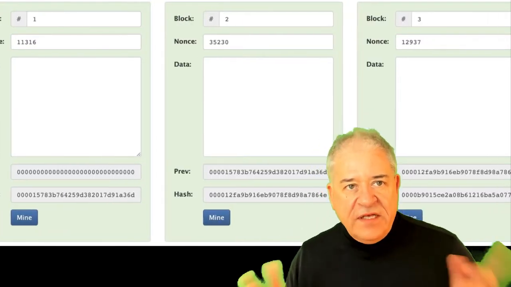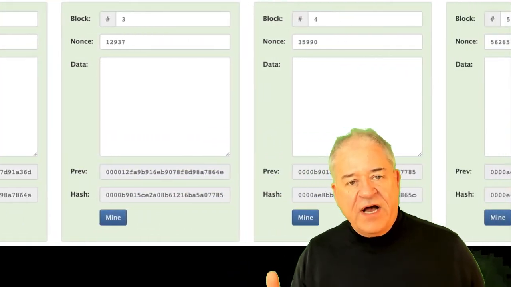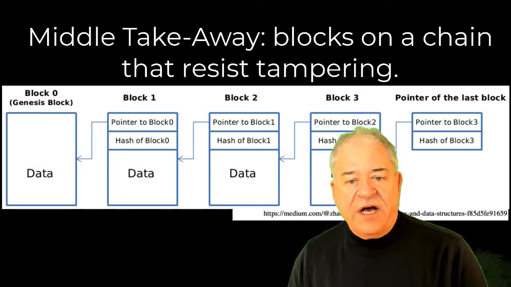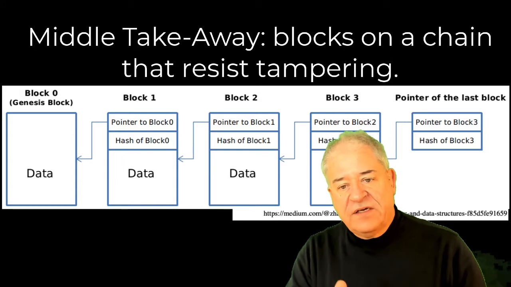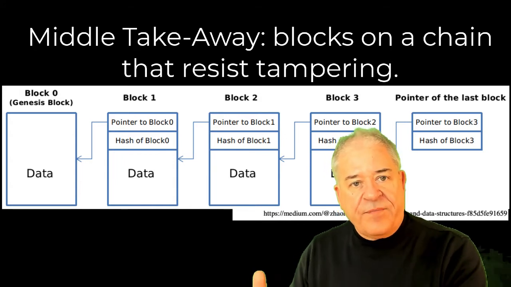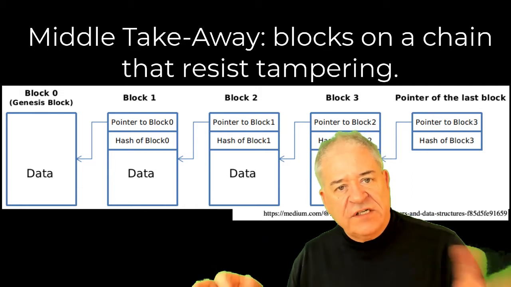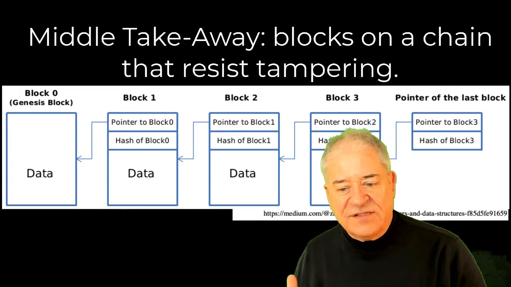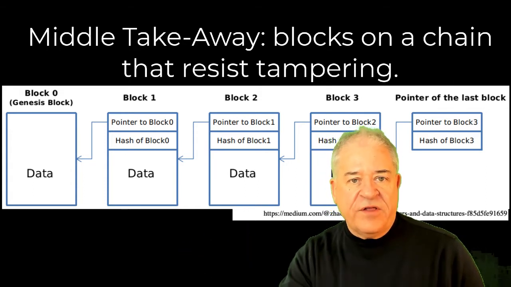So after we meet these concepts, we'll put them together and think about how blockchain is a chain or a linked list. So the middle takeaway is going to be how do blocks get linked in a chain so that the chain resists mutation or resists change. So part of the idea of blockchain is that it's a secure place to store things, because once something is stored there, other people can't fiddle with it.